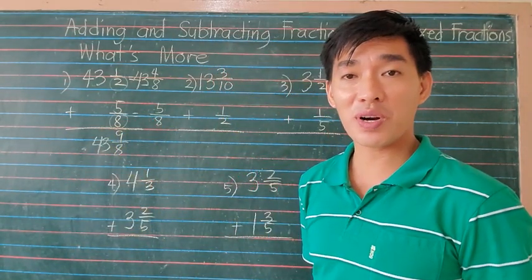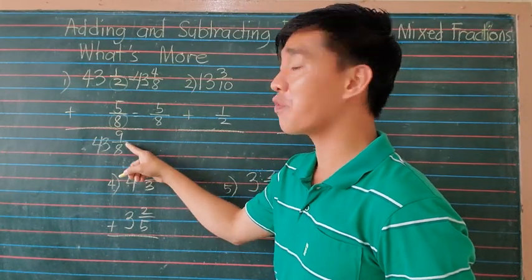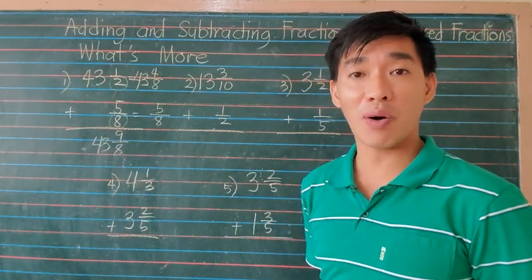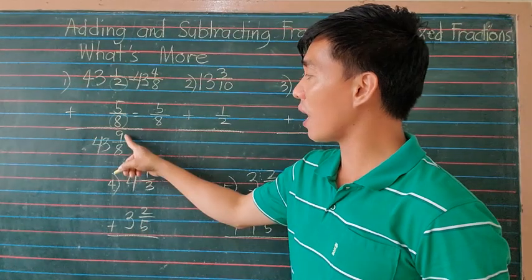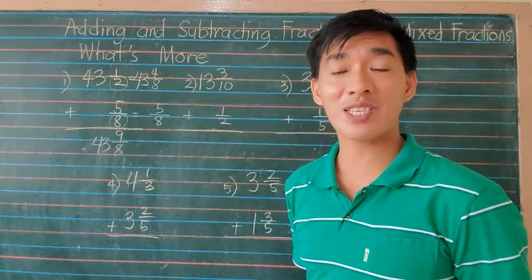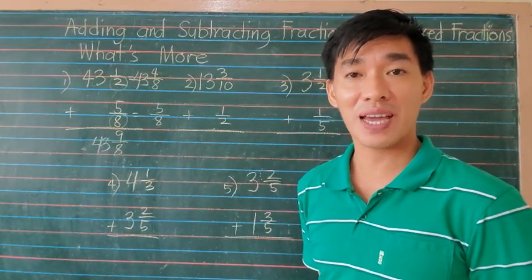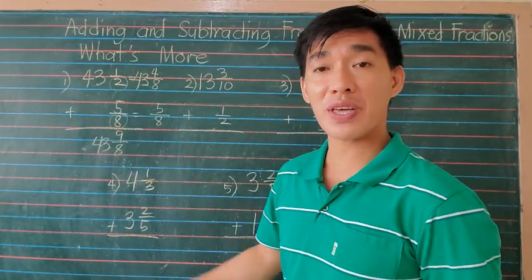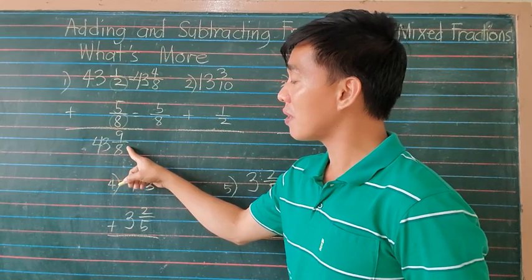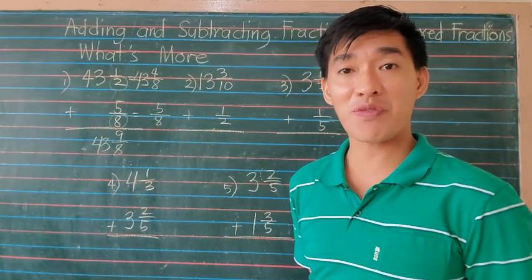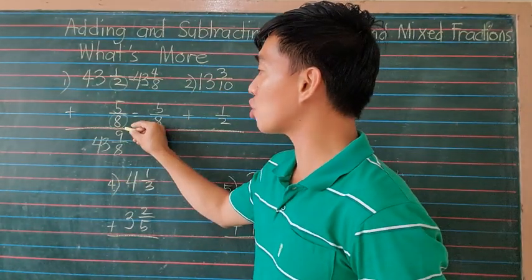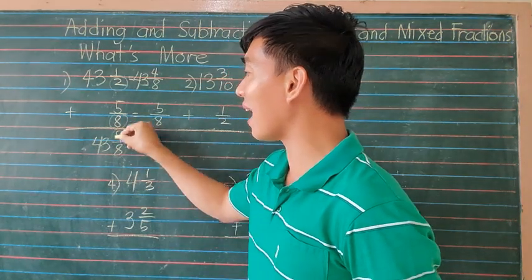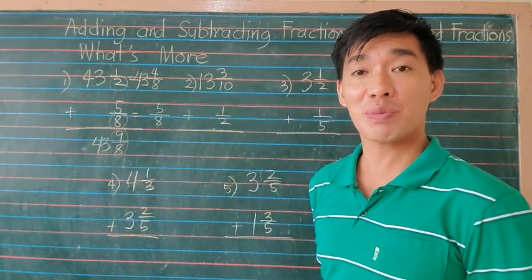And of course, you really have to examine your fraction kung nasa lowest term na ba. The GCF of 9 and 8 is 1, so they are already expressed in the lowest term. But in this case, we have another thing to do because our fraction here is an improper fraction. So we really have to express 9/8 improper fraction to mixed form.